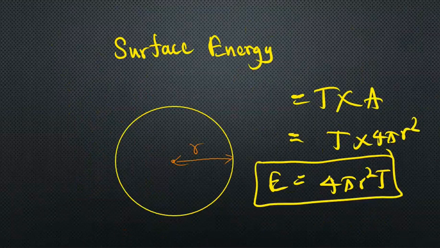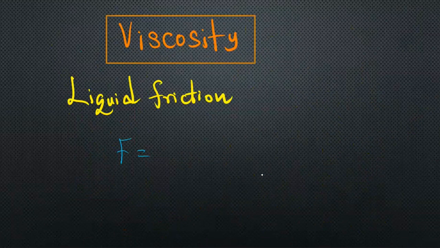Then moving into viscosity. Viscosity is liquid friction. So you know the equation: F, liquid friction, equals eta A delta V over D. Here eta is the coefficient of viscosity, A is the surface area.